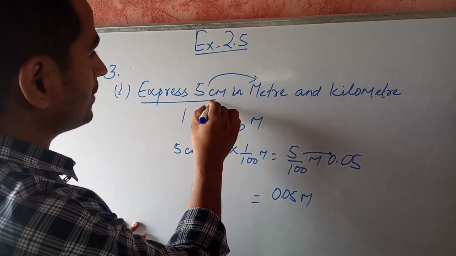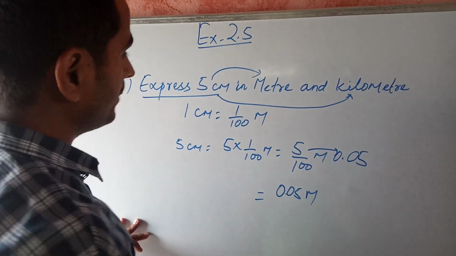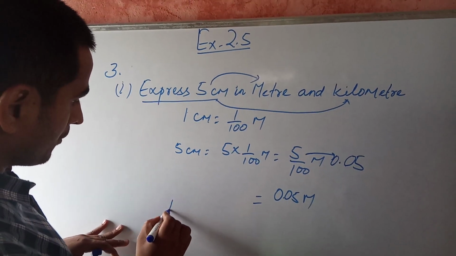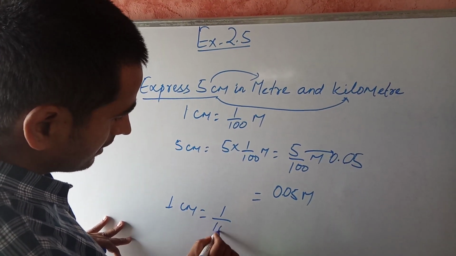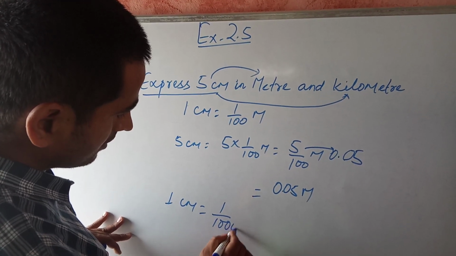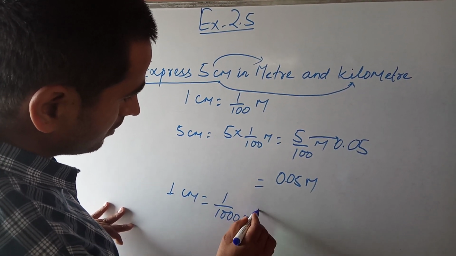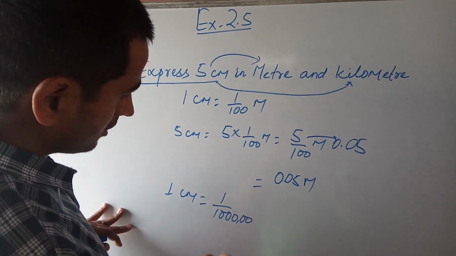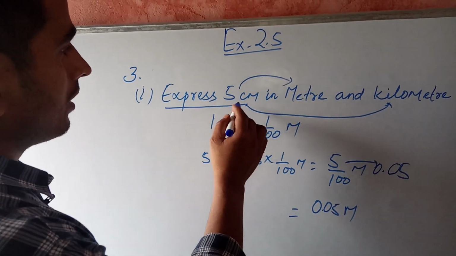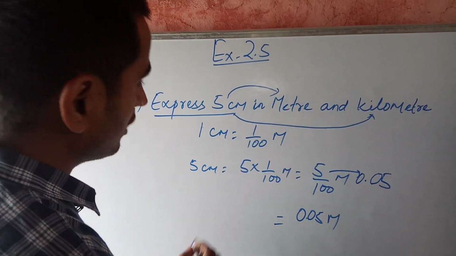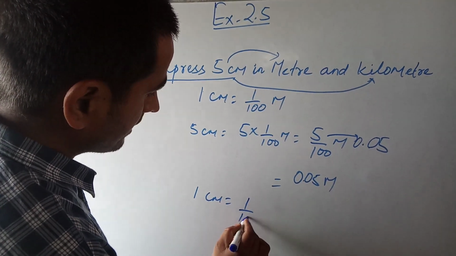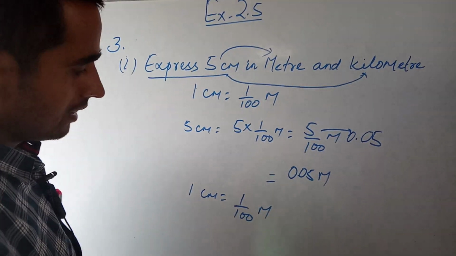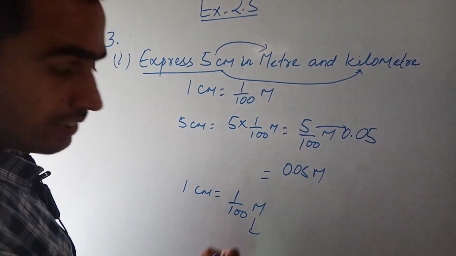Now we will convert this 5 centimeter into kilometer. We know that 1 centimeter is equal to 1 by 100 meter, and we can convert this meter into kilometer.